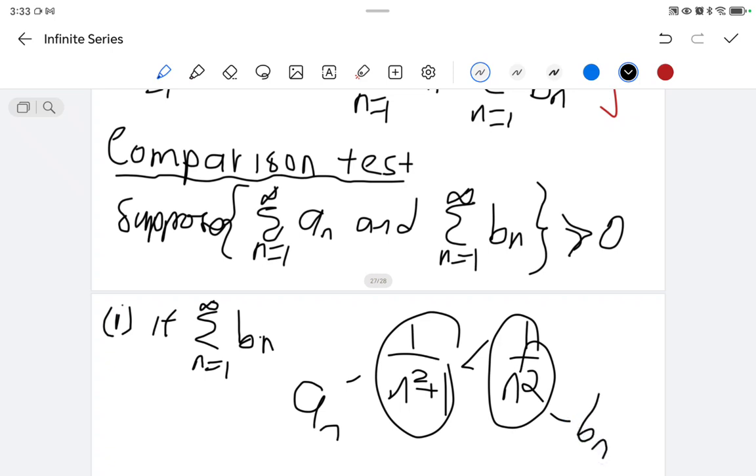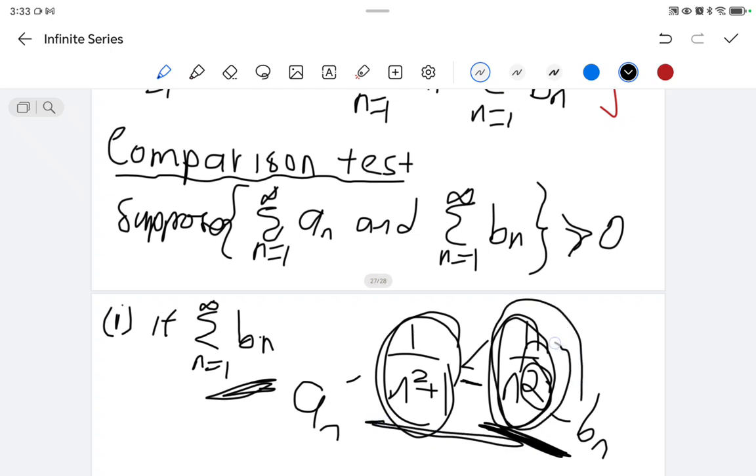Since we'll be checking using this, you see that by p-test this would converge, right? So if b of n converges, and a of n is less than or equal to b of n, that's the second condition you should be checking. Is this true? If yes, does this converge? Then if yes, this a of n is also convergent.